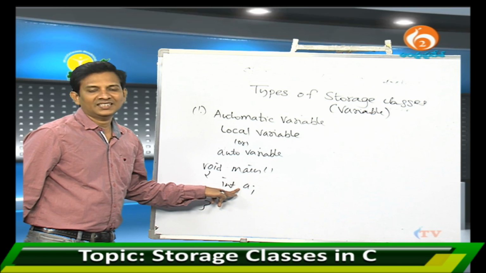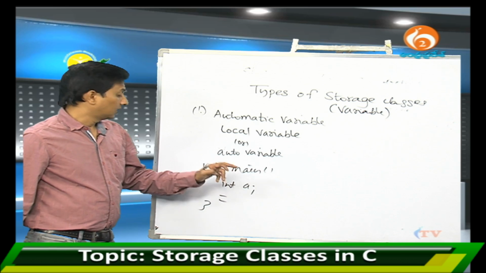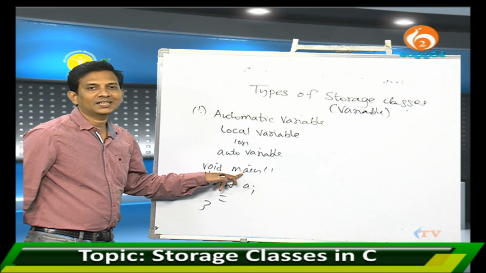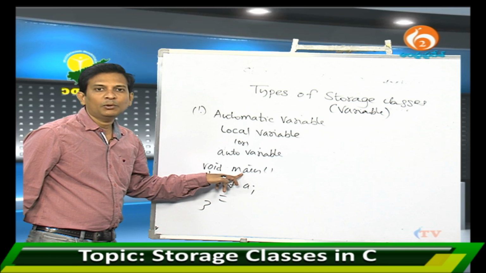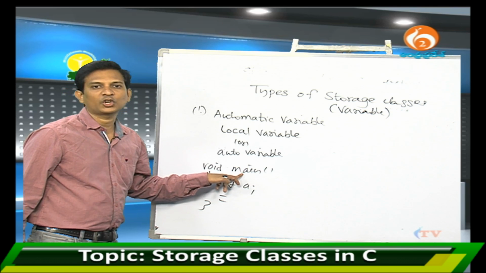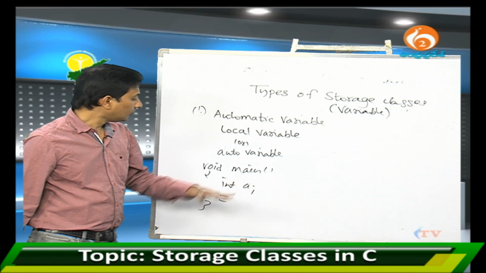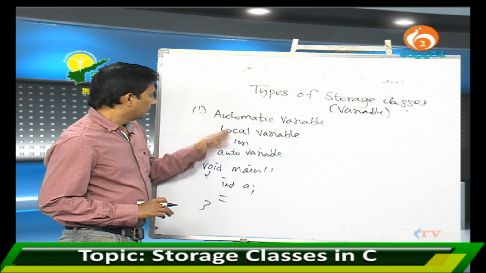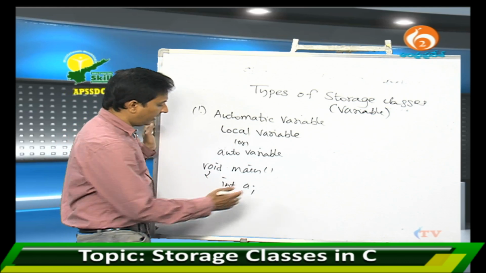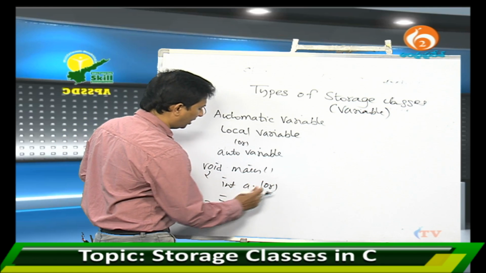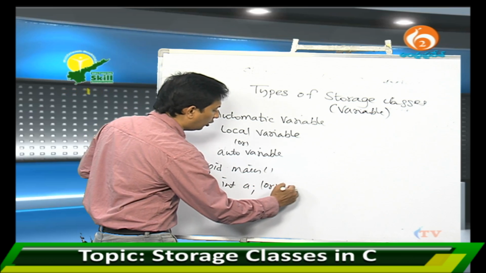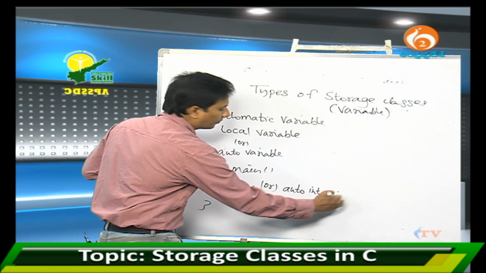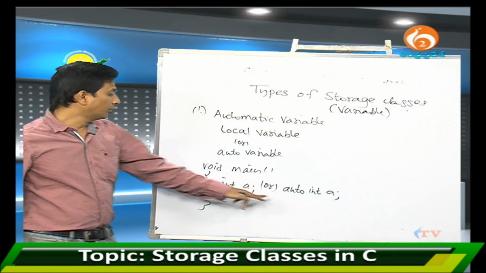What is the definition of automatic variable? The variable which is declared inside the function is called an automatic variable or local variable. There is another way we can write it: int a or auto int a, both are the same.